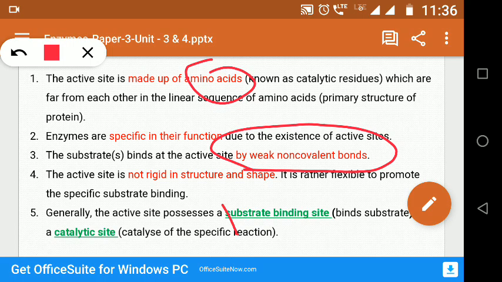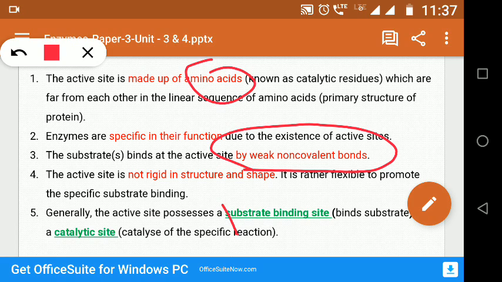The shape of the active site is not a fixed shape. So when a specific substrate comes in contact with the active site, the shape of the active site will be changed in such a way that the substrate fits into the active site.